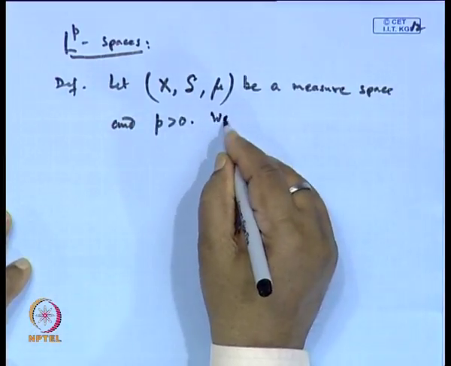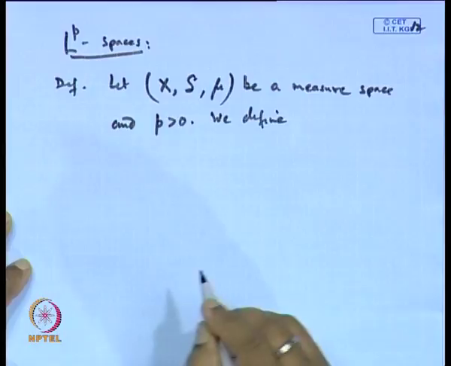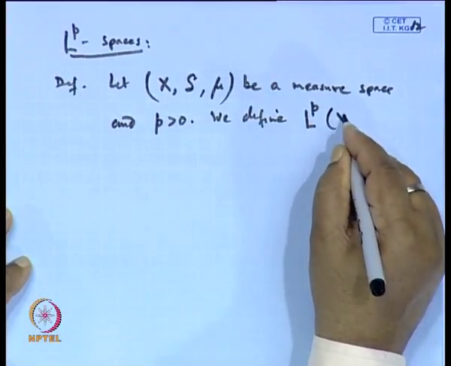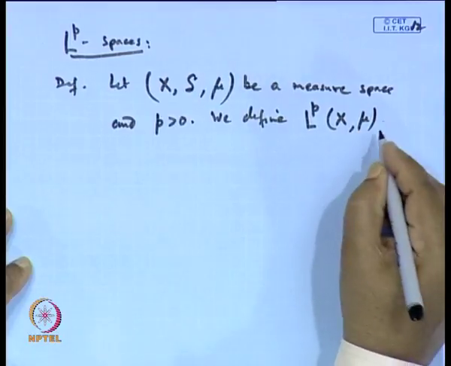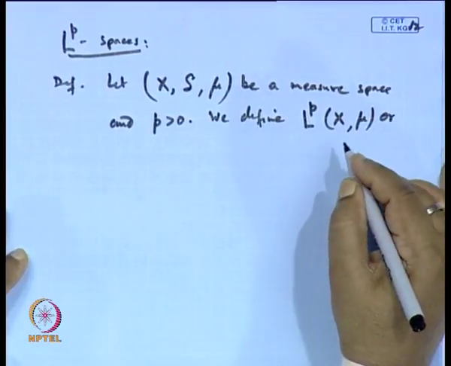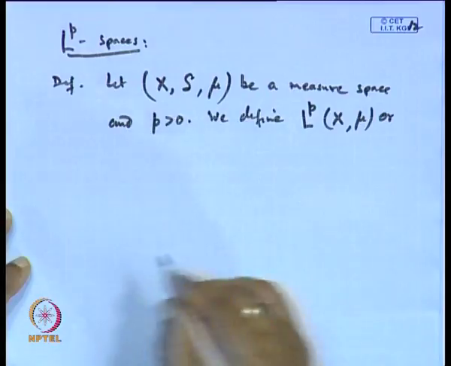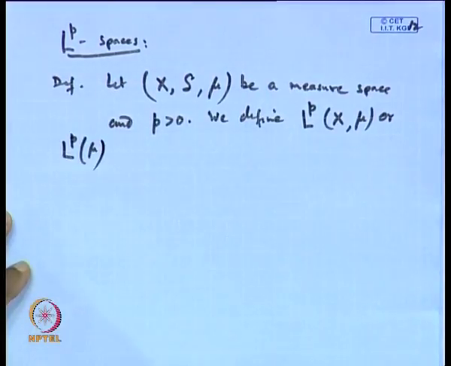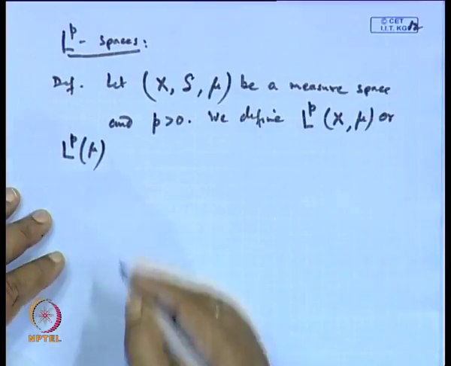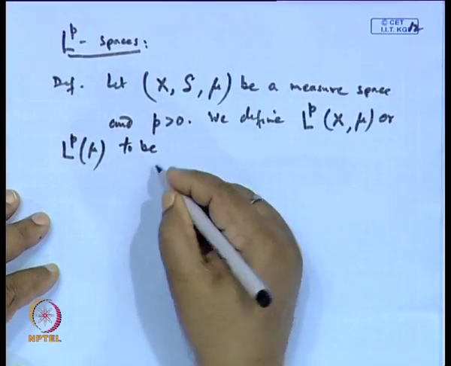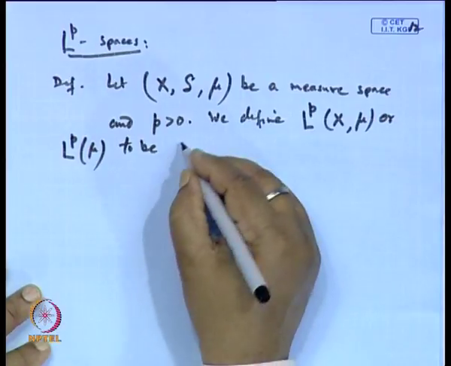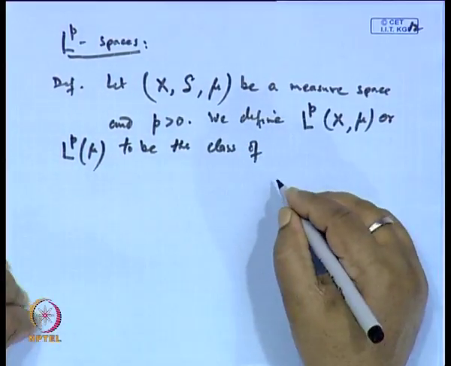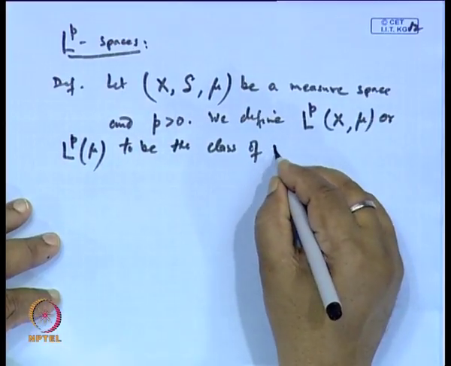We define capital L^p(X, mu), or simply capital L^p(mu), to be the class of measurable functions.